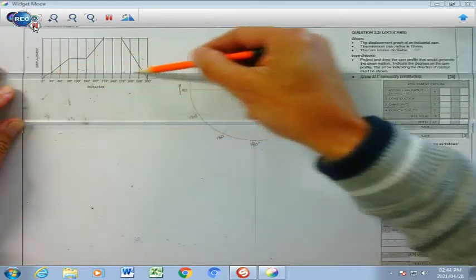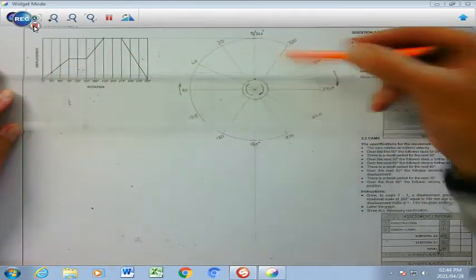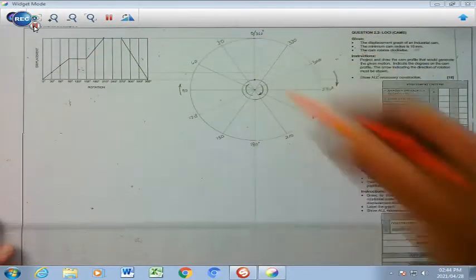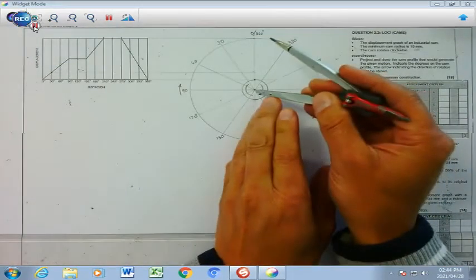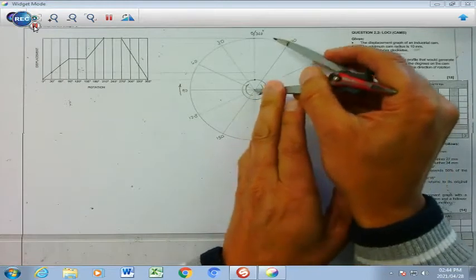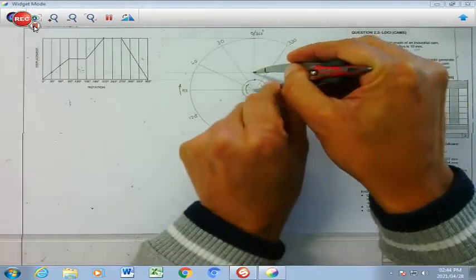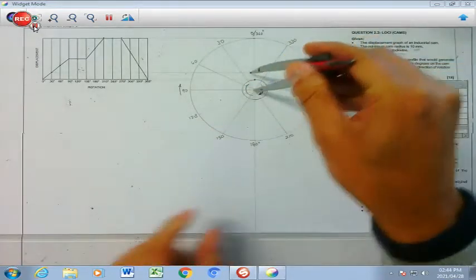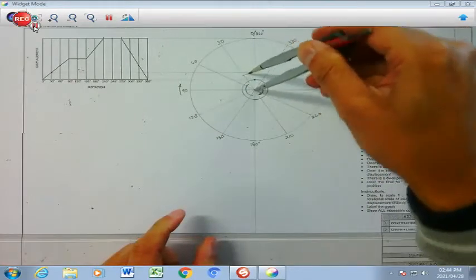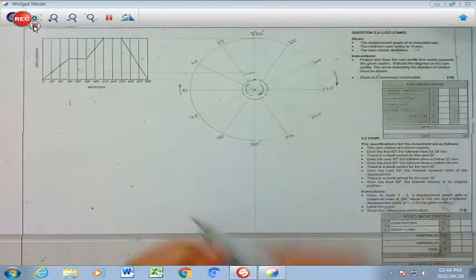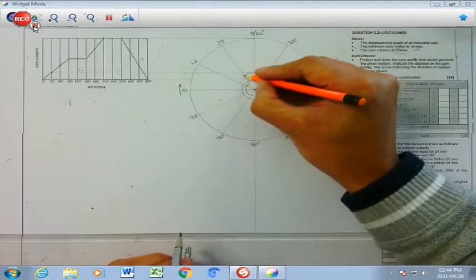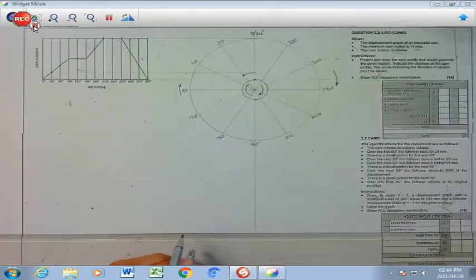I'm going to project the line across onto my center here. And then I'm going to use my compass from the center point there and transfer that over to 30. So my transfer is just going to be a quick one from there to there. They have transferred that. So that point now is going to be my 30.